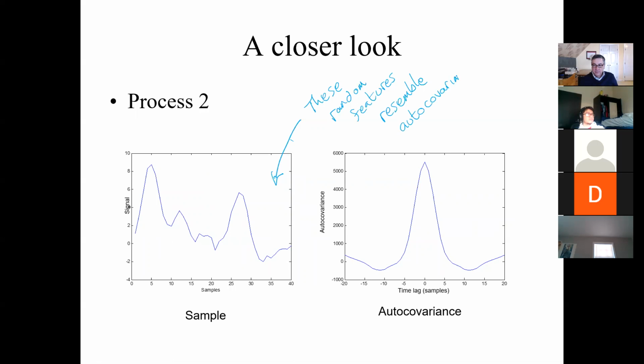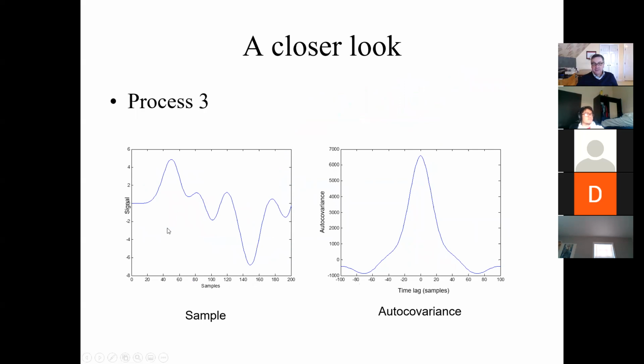In other words, we get blobs, you could say, or the size of features, the size of things that look like the size of the autocovariance. This is process 3 on a much larger scale from plus or minus 100. And you see that now these are still random, right? But basically the size of these kind of random variations that we get are similar to that. Does that make sense?